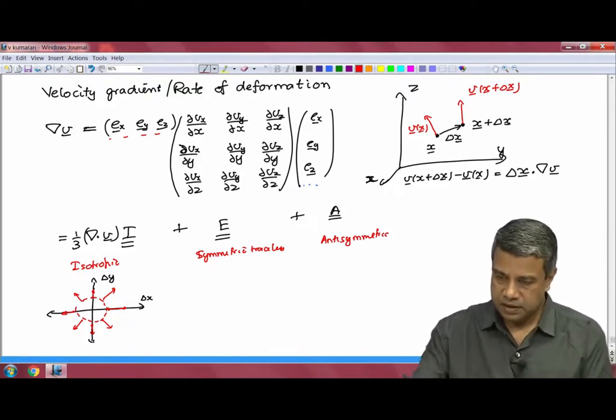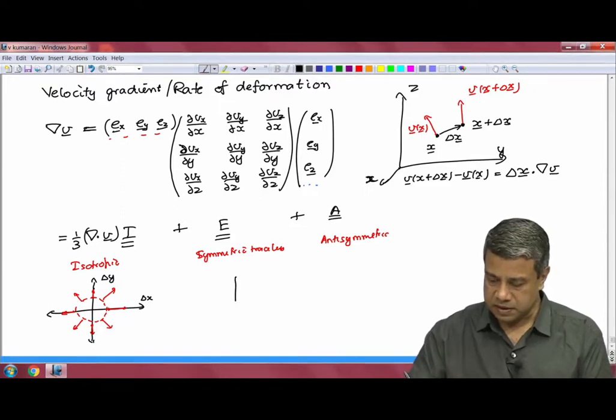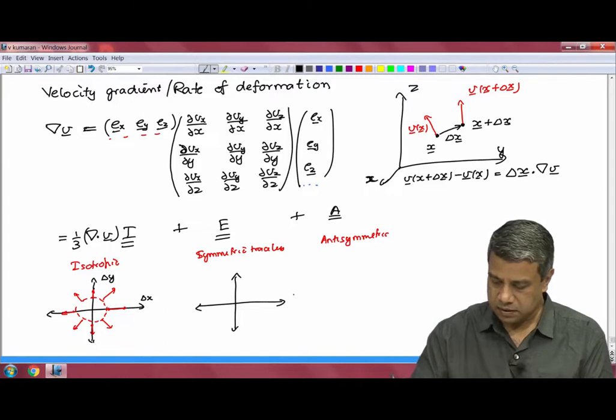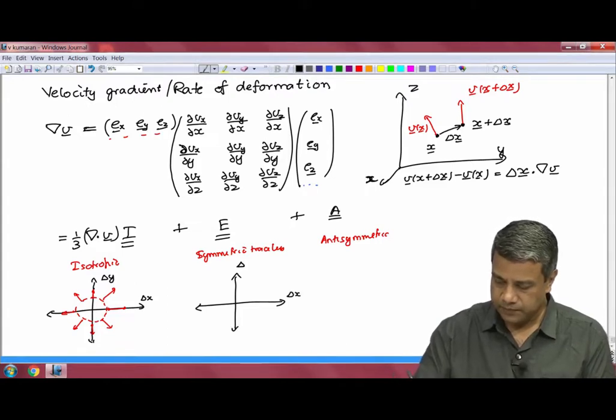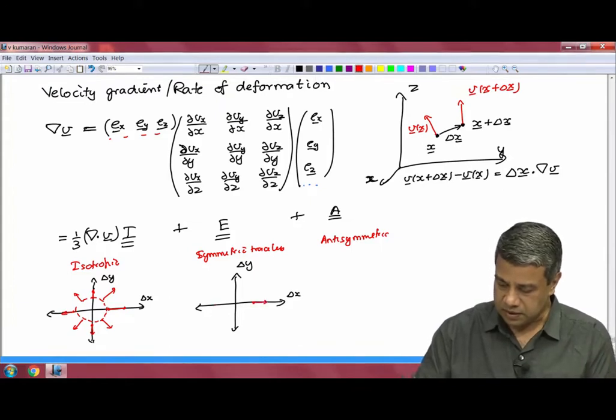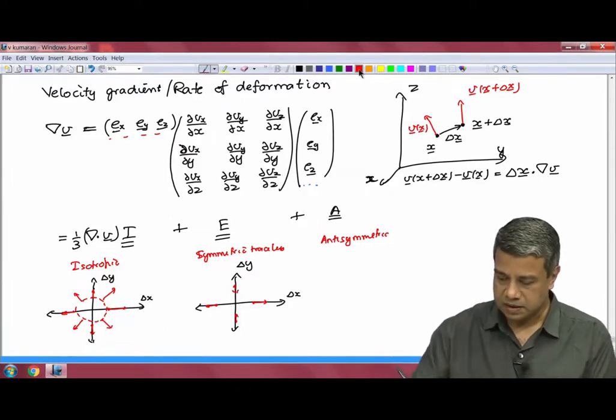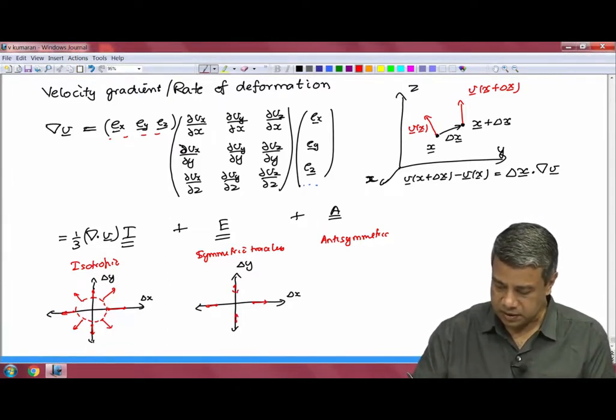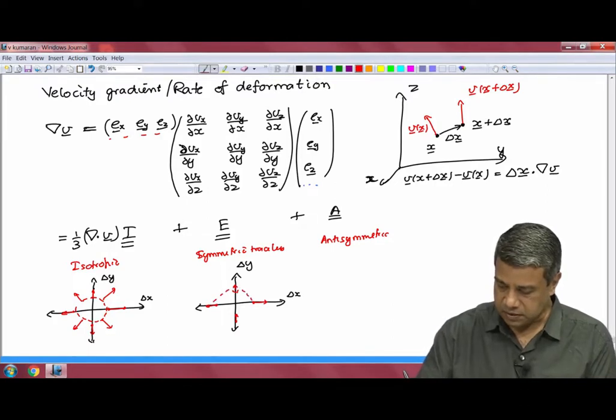The second part represents extensional strain, in which you have extension along one axis and compression along the orthogonal axis, in such a way that the axes do not rotate, and there is no change in volume either.